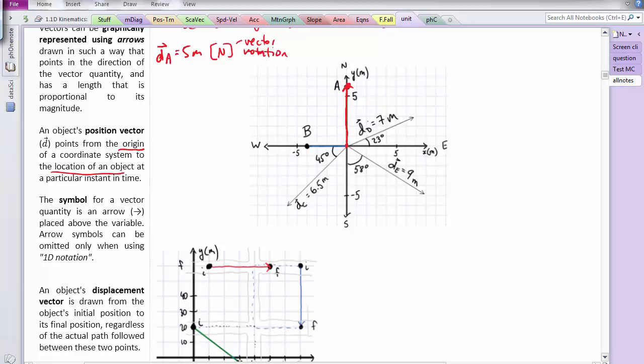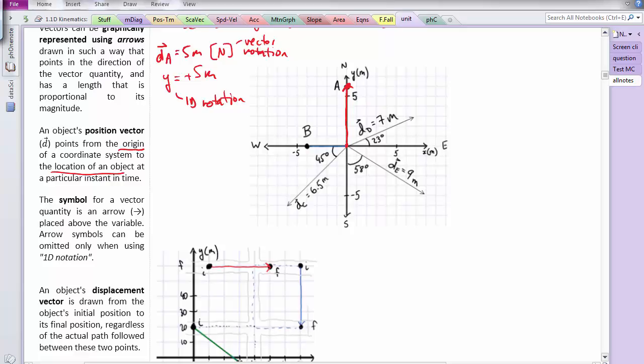Because this point A is on the y-axis, we could also use the 1D notation, which we learned earlier. It's on the y-axis, so this is the same thing as y equals plus 5 meters. We do not need to put the little arrow on the y because the direction is already implied. This is what we call 1D notation. It's very important.